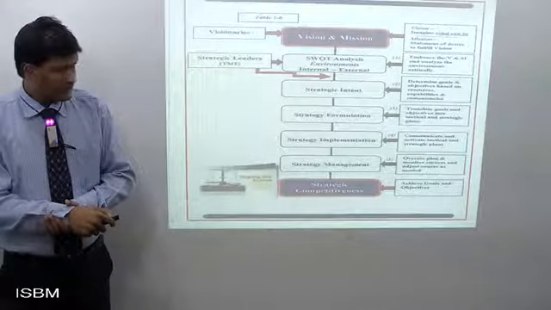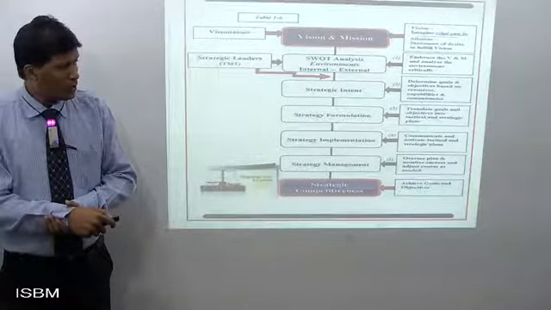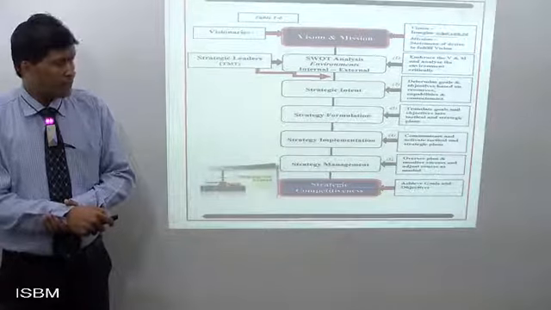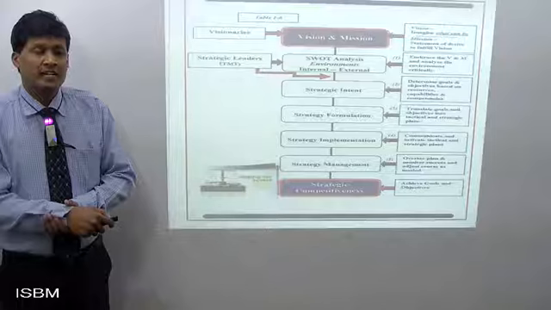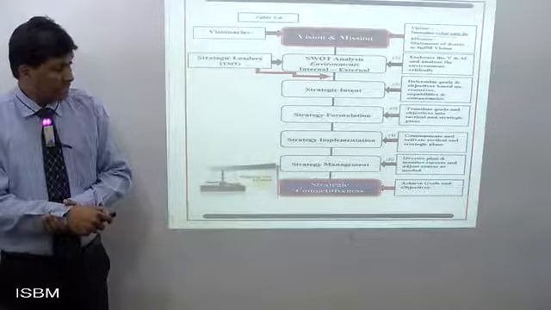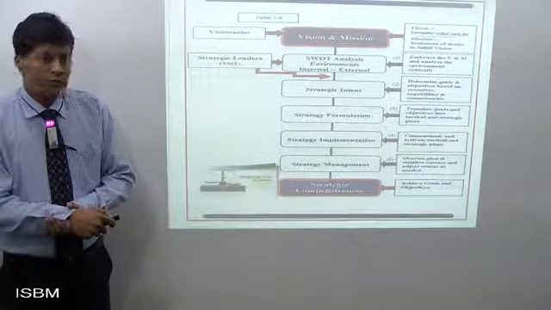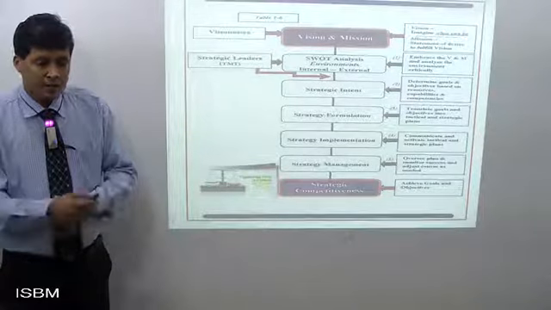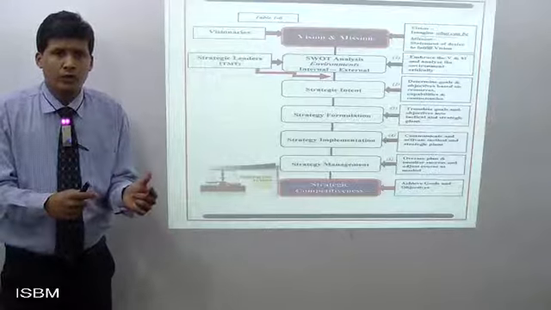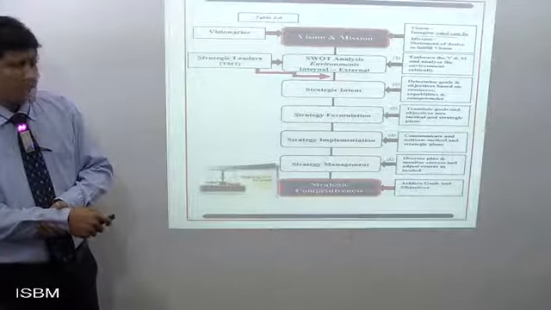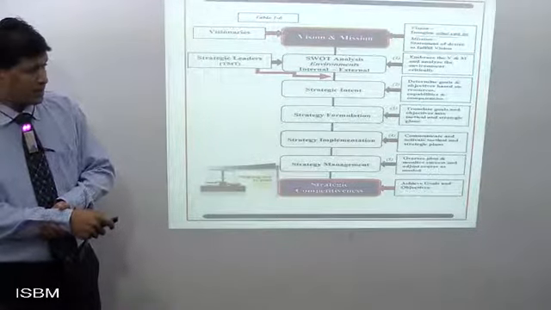Then translate goals and objectives into tactical and strategic plans. Three. That's part of strategy formulation. So when we have decided the goals, we have boiled down to strategies. What kind of tactics or moves we need to design? That's strategy formulation, step 3.